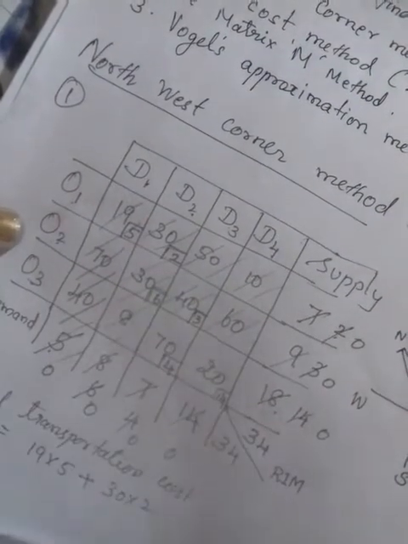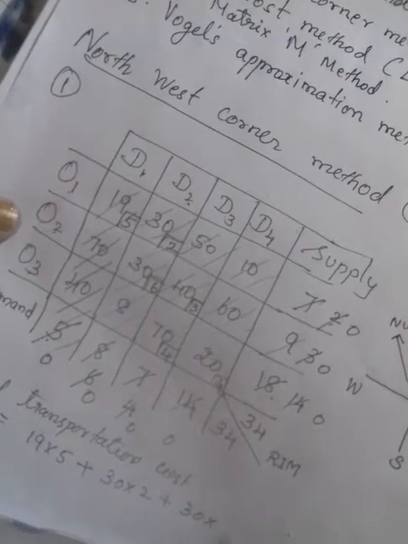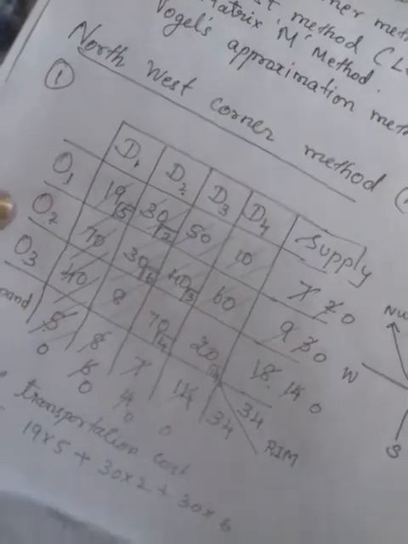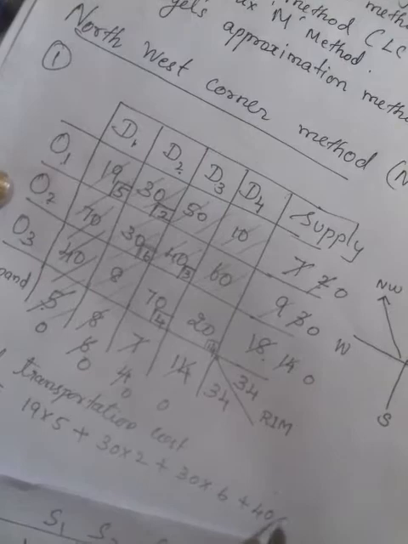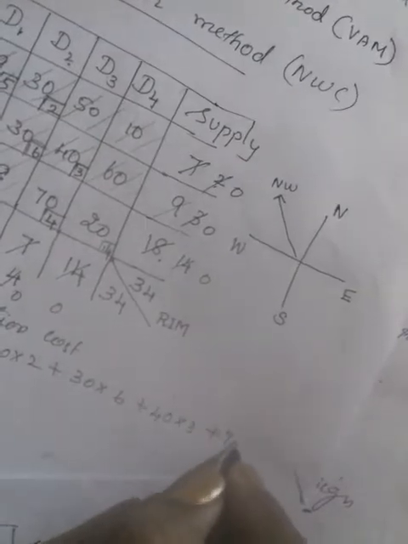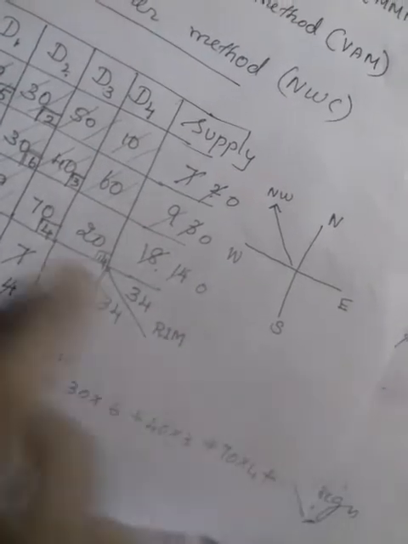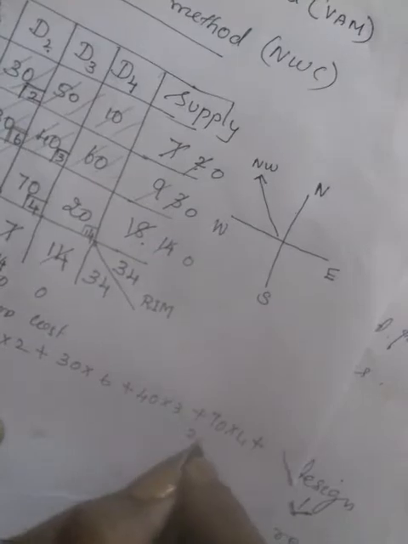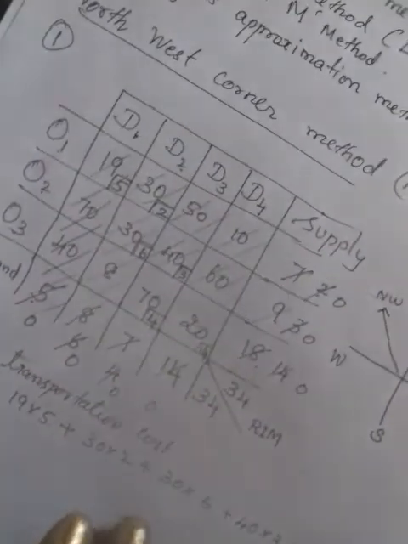Then 30 into 6. Take only allocated cells. 40 into 3, plus 40 into 3. Plus the down 70 into 4, plus 20 into 14.